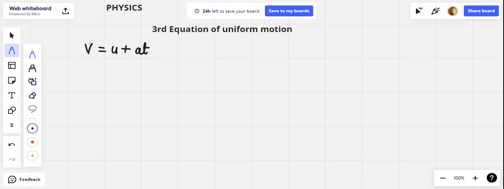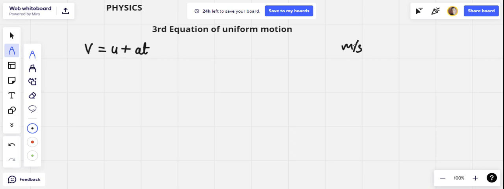For velocity, the unit is meter per second. So if the unit of velocity was given in kilometer per hour or something of such, you have to convert it to meter per second before you substitute.